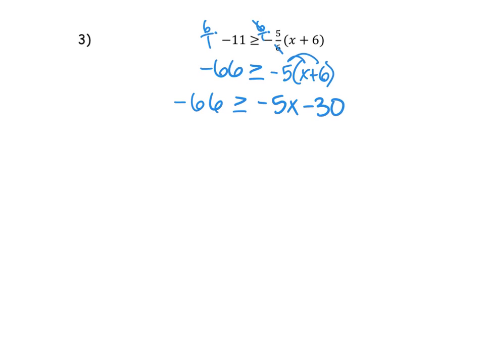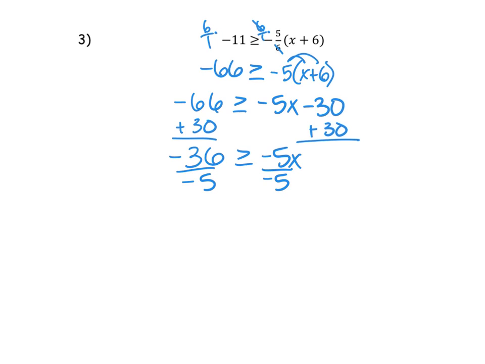All right, let's add 30 to both sides to get the constants together. So I'm going to have, on the left, negative 36 is greater than or equal to negative 5x. I want to get the x alone, so I'm going to divide by negative 5 on both sides.